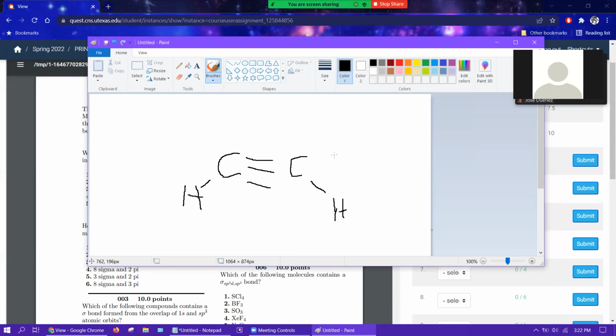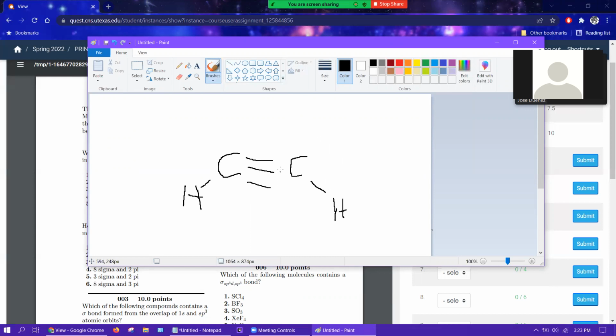Yeah, give me a second. I wrote some notes. So what makes you think which hybridization this would be? I see there are 3 sigmas, and there are 2 pi bonds.